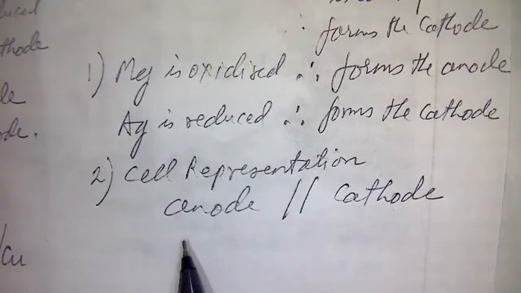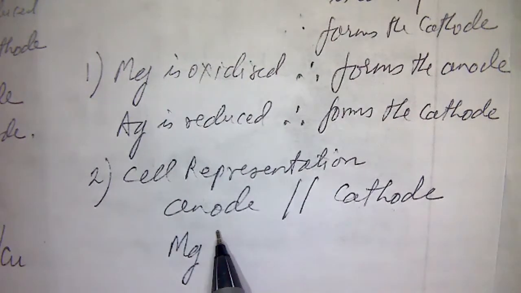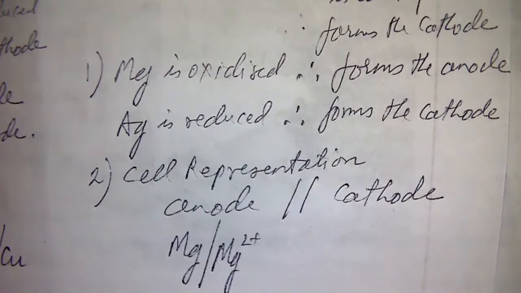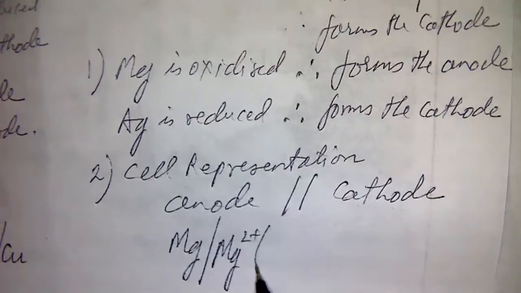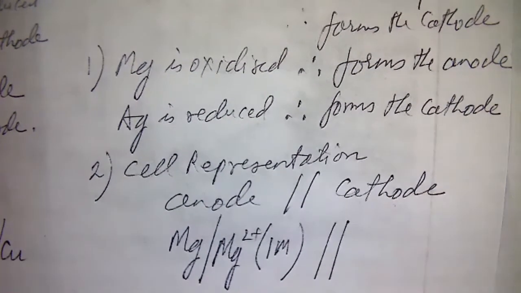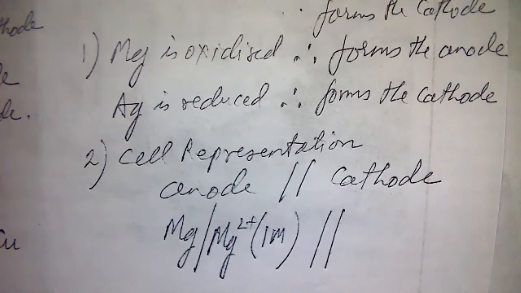Magnesium is oxidized, so Mg/Mg2 plus. This is oxidation form, and it is standard, means 1 molar. Then double slash, that is a salt bridge. What is a cathode? Silver.